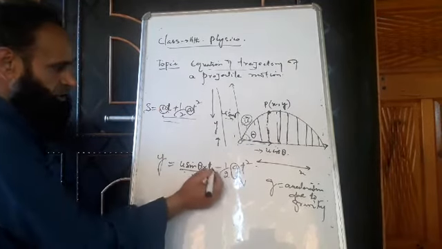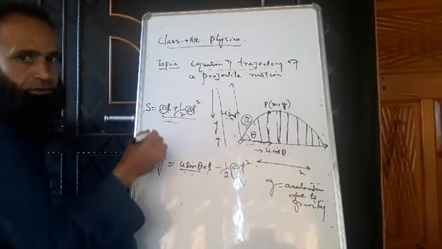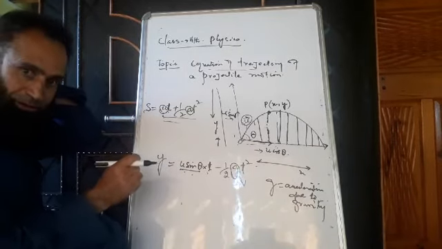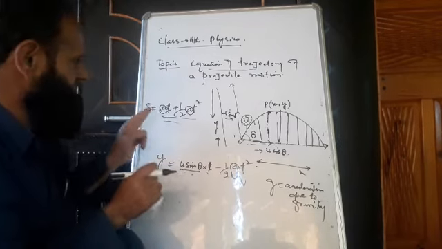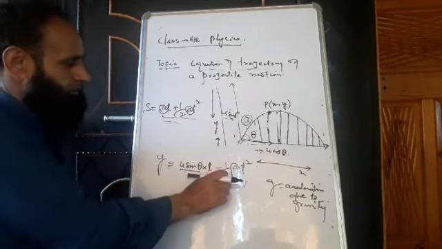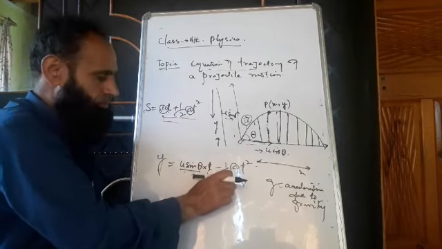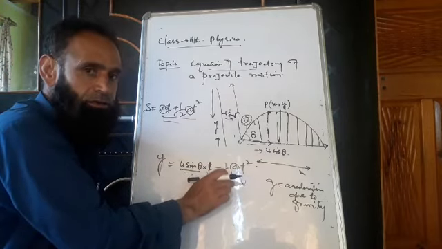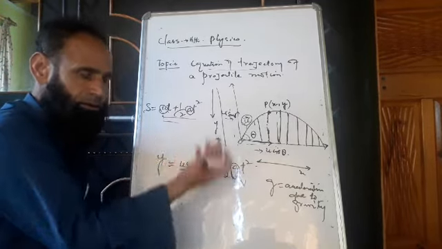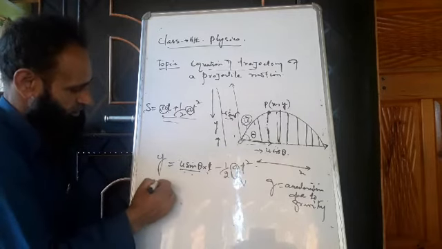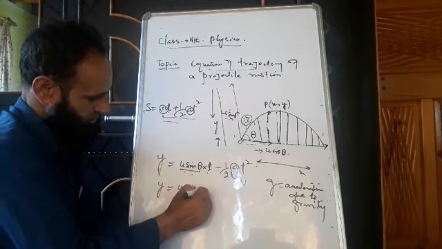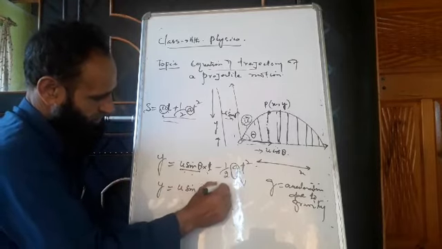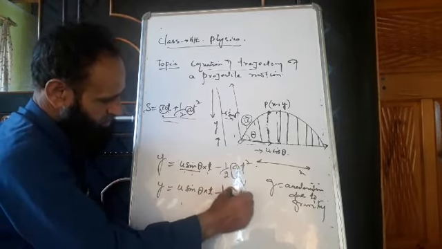This is the distance-time relation. But here the acceleration due to gravity decreases this distance. So we get y is equal to u sine theta into t minus 1/2 gt square.